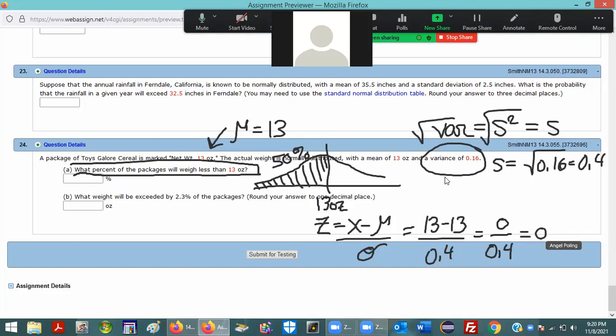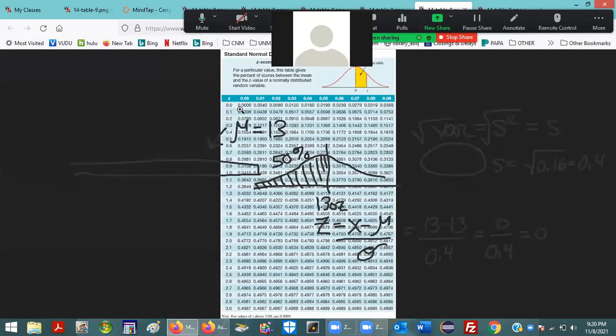So if we look up a 0 z-score in the table, you can see that the area between itself and that z-score is nothing, right? And so we just have the idea itself that 50% is the halfway point there. So the table doesn't even really help us on that one.